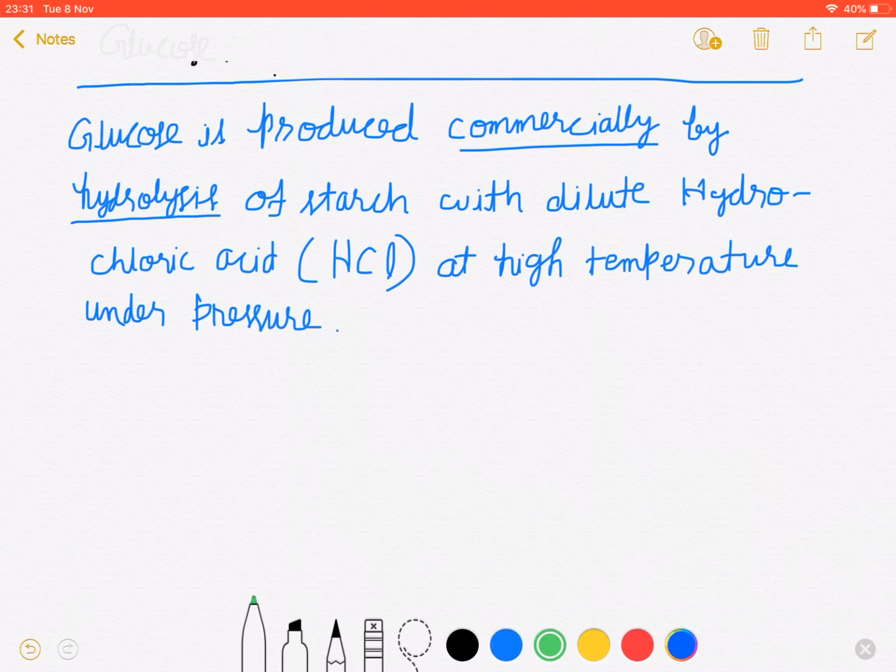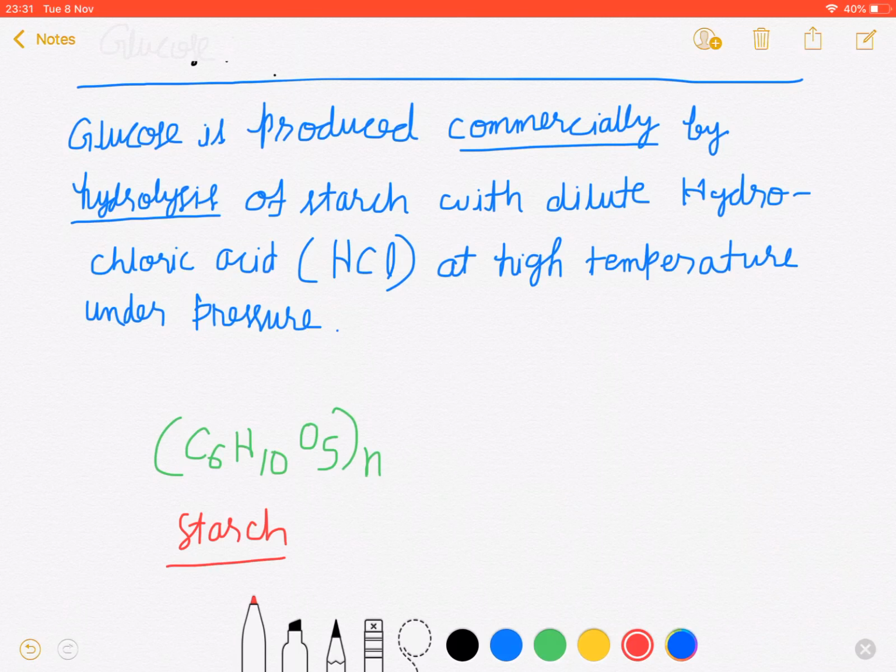First of all, I'm going to take a starch. It's going to be C6H10O5 whole n. This particular molecule is a starch molecule. In polysaccharides, you have already studied that starch is a kind of polymer of glucose, in which from 300 to 1000 glucose monomers are found.